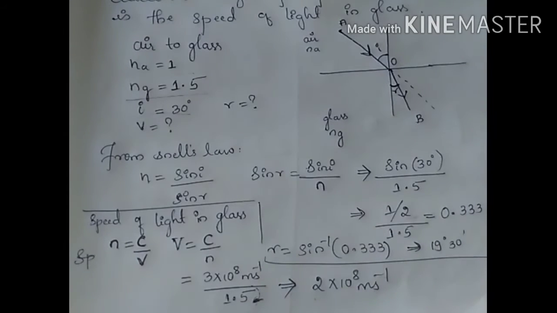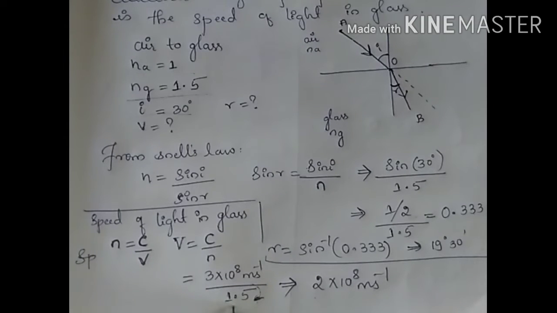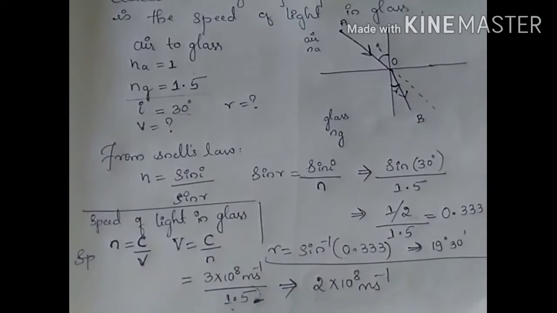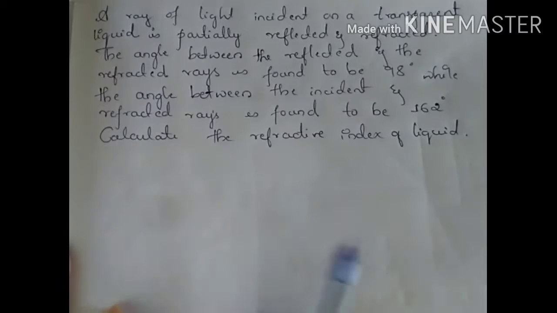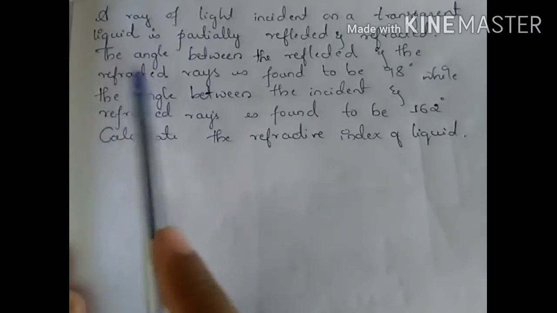In some different problems, the refractive index of the glass medium will be changed. If they give a different refractive index for a different glass material, then the speed of light in that glass medium will change. So here is the third question.